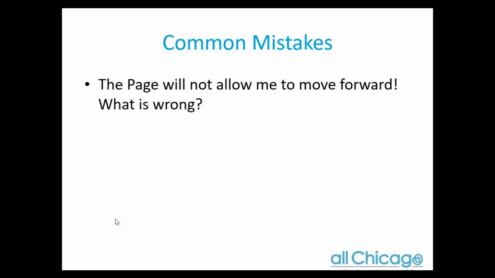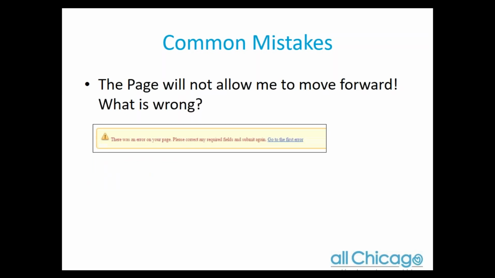Here is a common question that I received last year. I did get a lot of questions, people called me in a panic that the page would not allow them to move forward, that they didn't know what they did. Maybe there was some problem with the software. So if you do receive this message at the top of your page, that means that you missed a question. I know sometimes it's easily overlooked.